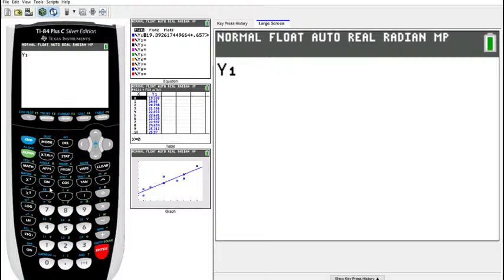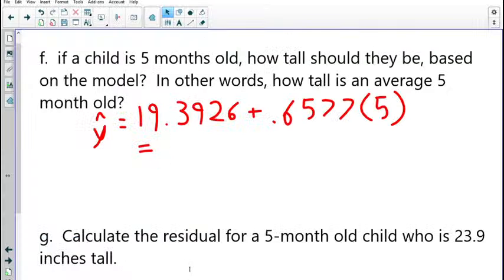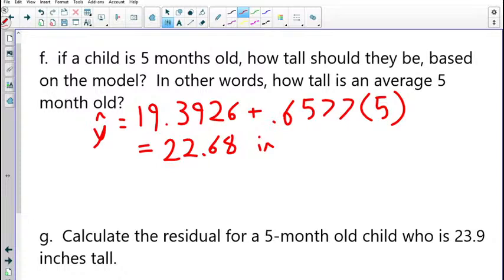So we're going to tell the calculator that same thing, y1 of 5. And this will tell the calculator, plug 5 in for x in the y1 function. There it is. Done. 22.68 inches.